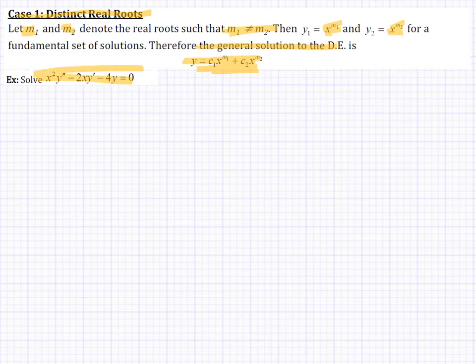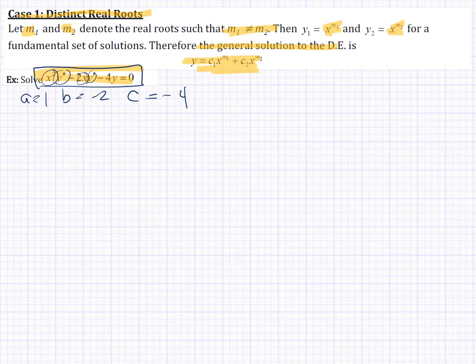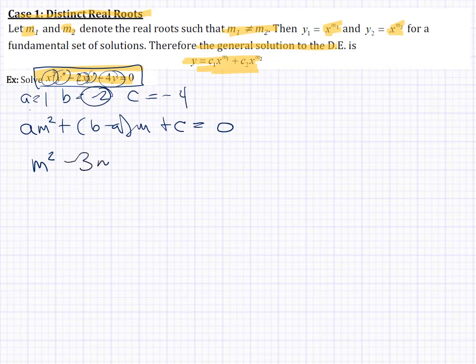So here's an example of that. If we look at this here, a is 1, b is negative 2, c is negative 4. Notice this is Cauchy-Euler in that this power and this derivative match up, and there's no x to a power on the last one. So if we use our auxiliary equation, am squared plus b minus a m plus c equals 0, we would get m squared minus 3m minus 4 equals 0.